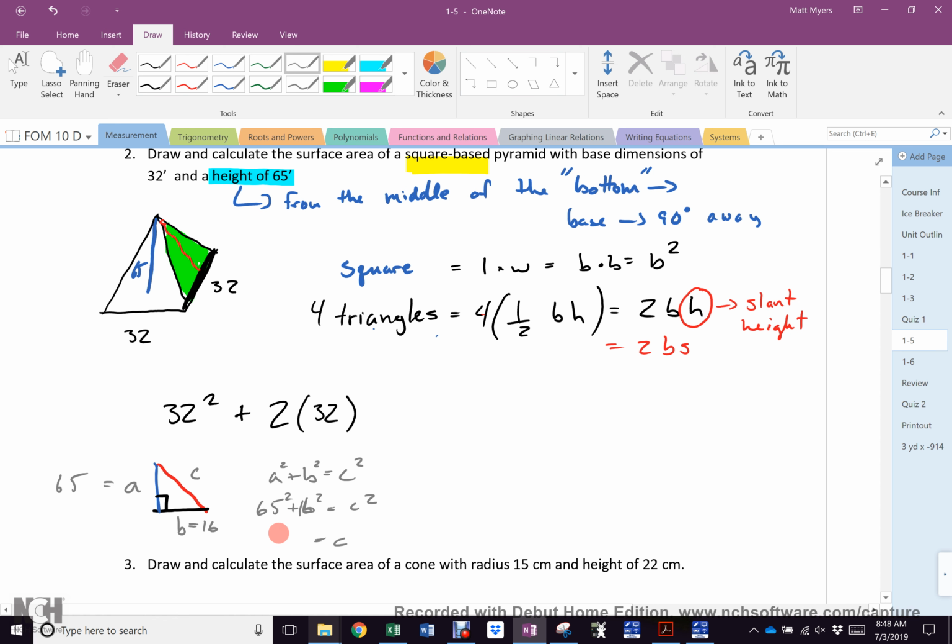What is it? So 67, because we'd round up the 0.9, right?